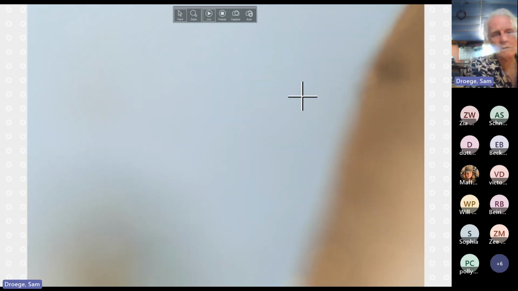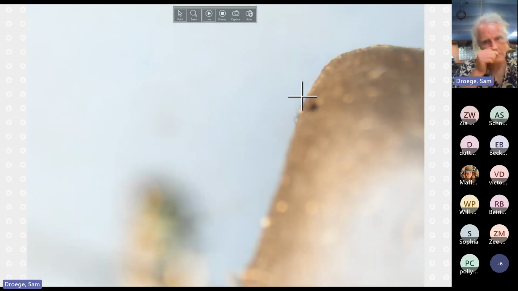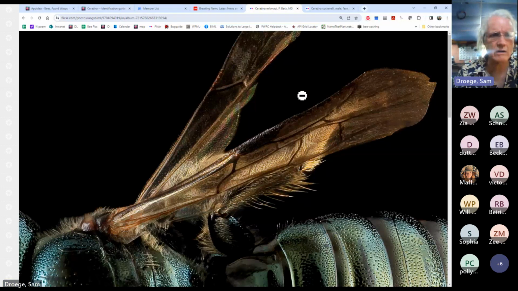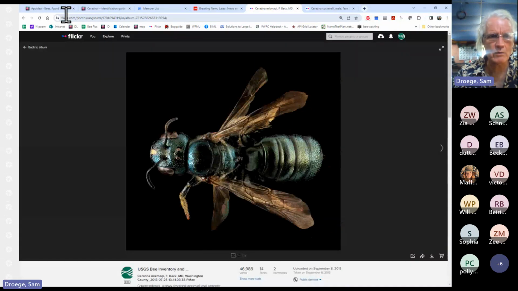But when we're looking at, let me see if I have a picture here of, so there's our mikmaqi with the big white patches.